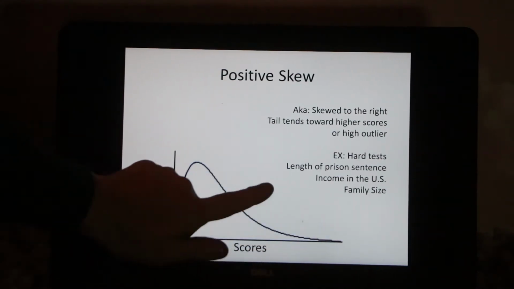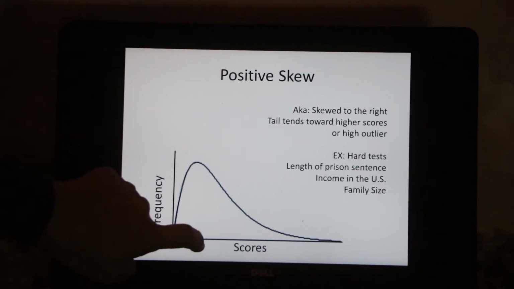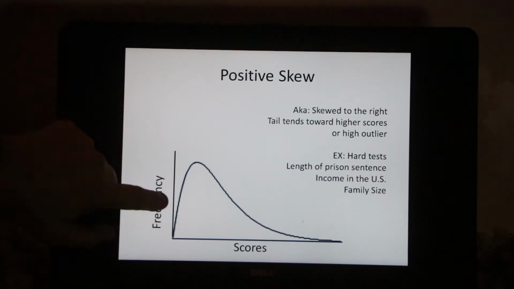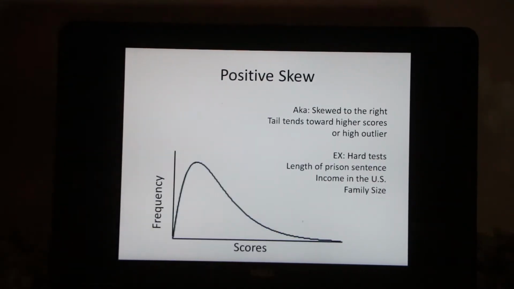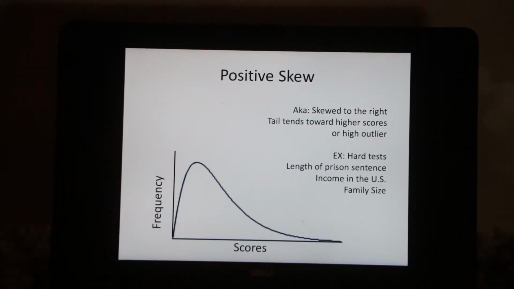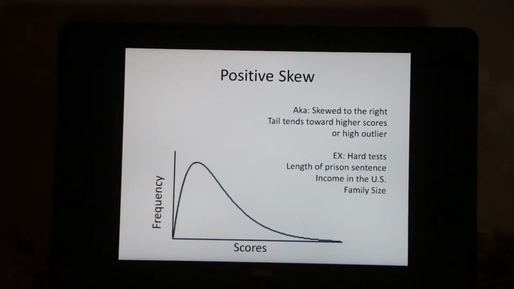If F is like here, most people failed that test. This is the number of people who got each of the grades. But there were a few people, for some reason, who did extremely well and got A's. They have skewed this distribution where most of the class was right here, and those few people skewed it because they did really well.